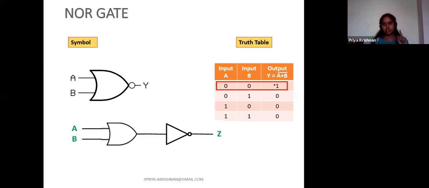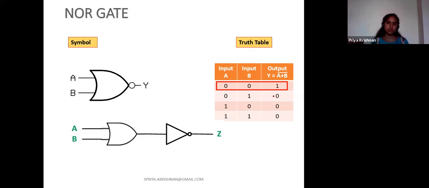If any one input is 1, the output of the OR gate will be 1. If you give that to the NOT gate, then only for the first condition it will be on, and all other conditions it will be 0.